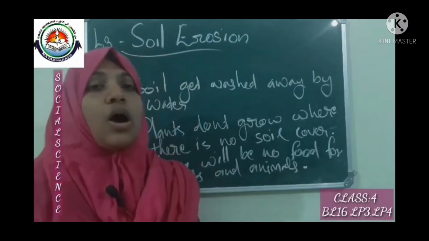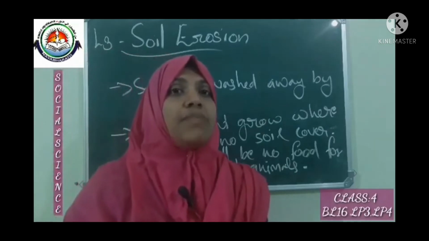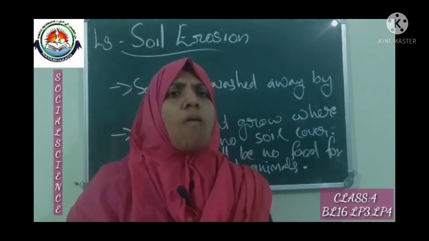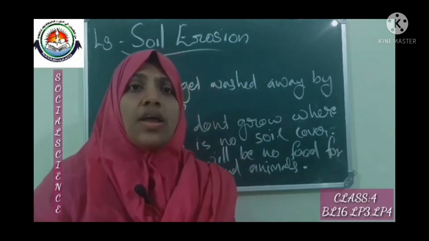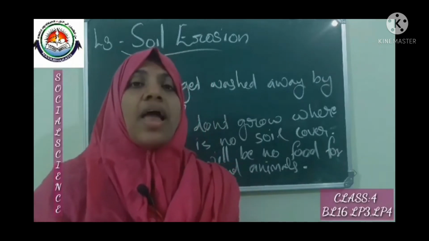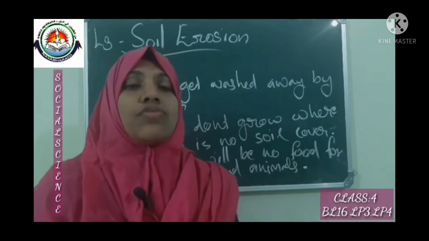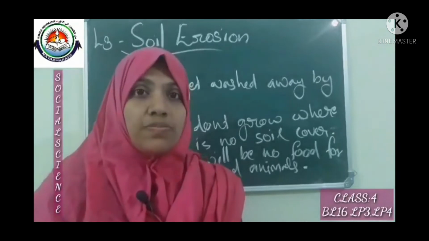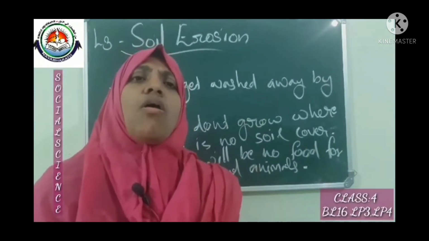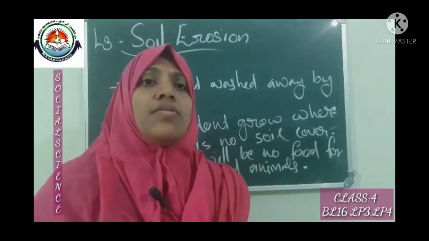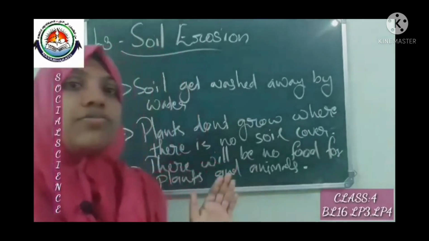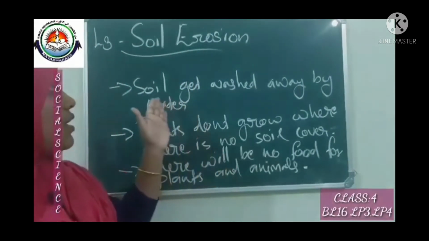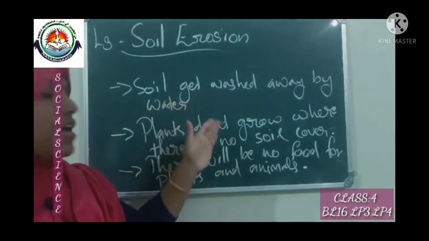How does it affect the animals and people? Yes, we all depend on soil for planting trees or planting different types of crops. So we depend on soil for our food. What would happen if soil erosion happened in a place?